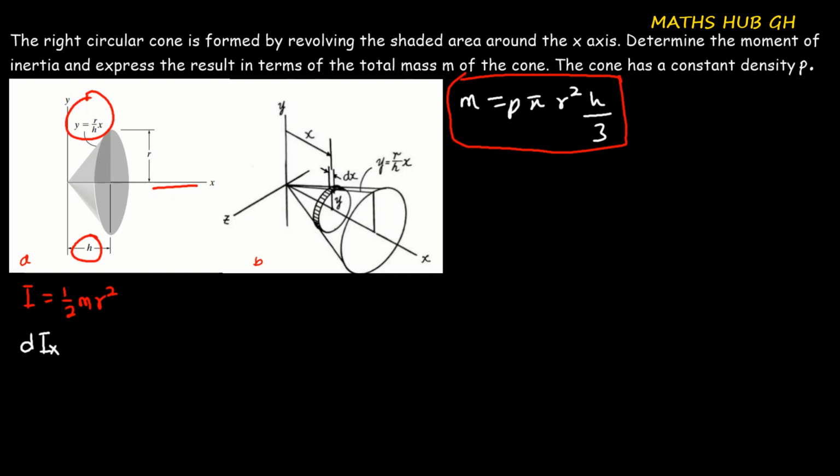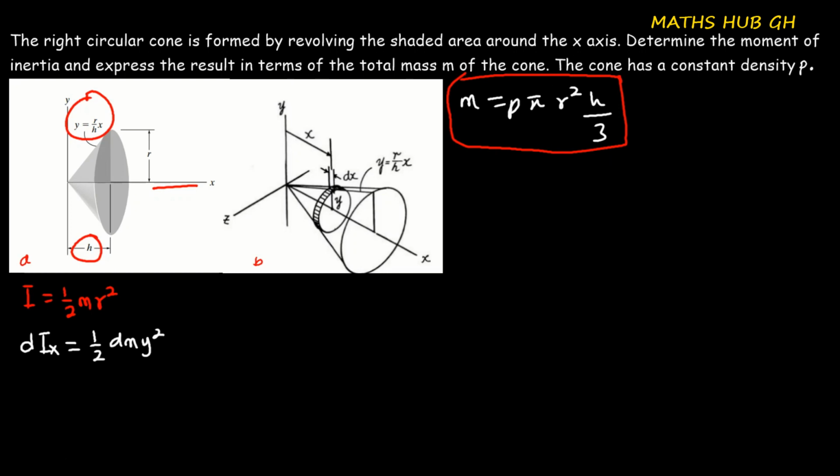So we're going to have dIx equal to half m, and we know the mass of the circular disc to be dm, right? And then the radius to be y, so we're going to have y squared.